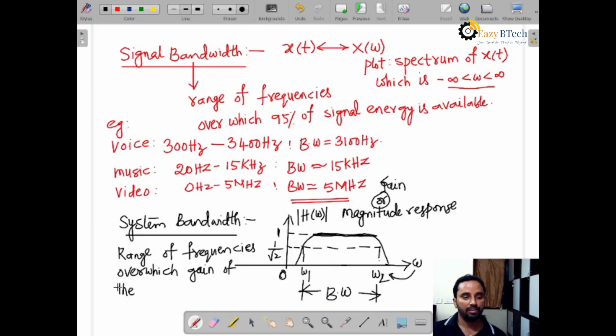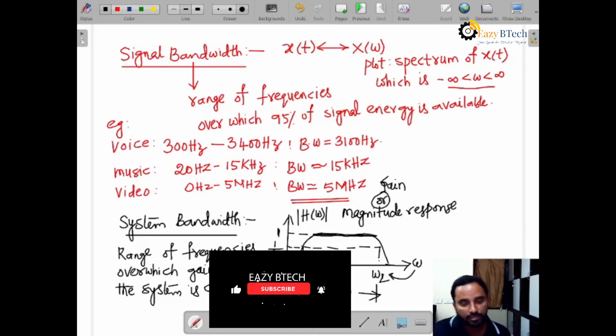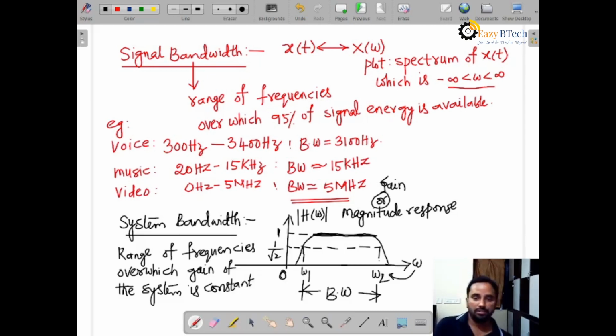Where to where the gain is constant, that frequency range is called the bandwidth of the system. So from the graph we can write bandwidth of the system is equal to omega 2 minus omega 1.